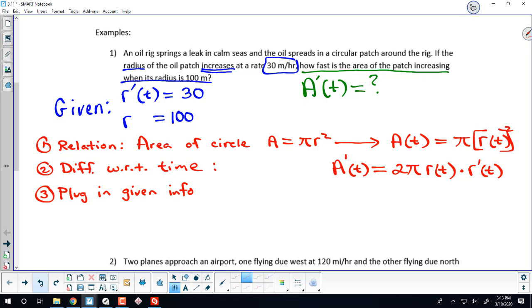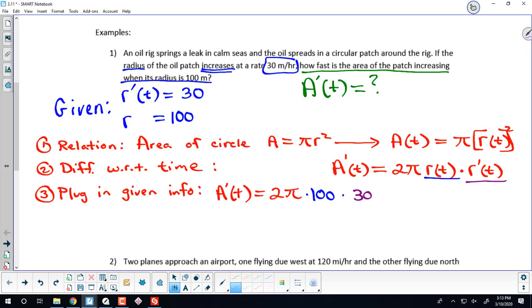We were trying to figure out what A prime of t was. So that's our unknown, A prime of t. We're solving for that, but we know that the rate of change of the area is 2 pi times the radius, r of t, which we were given as 100, times the rate of change of the radius, which we were given as 30.